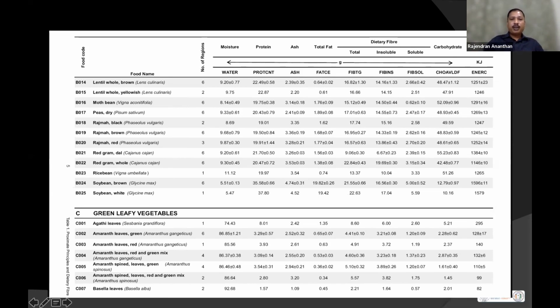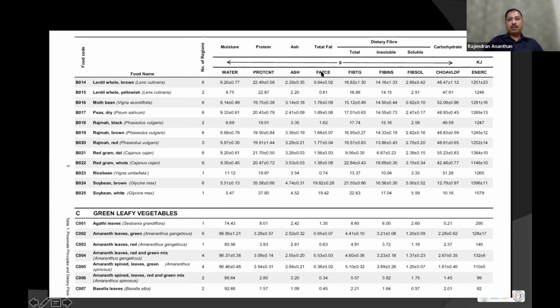It's one of the important criteria of INFOODS, the FAO's food data network. For example, here for protein or fat extracted, the first two or three characters belong to the nutrient, and the following two letters belong to the method followed.